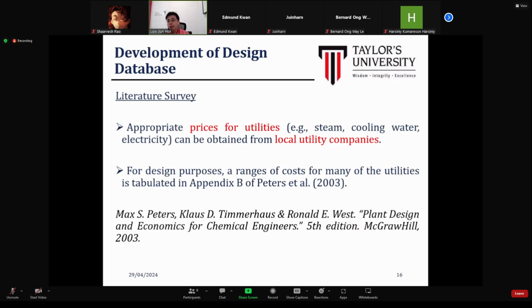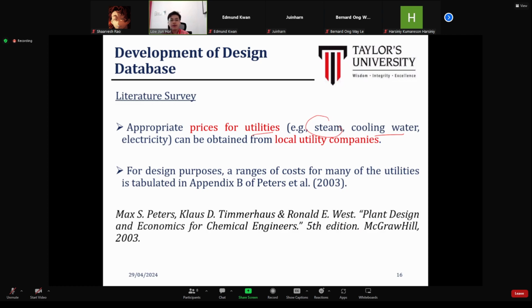Okay, beside that, don't forget, after you design a chemical plant, you are going to construct it, and then run or operate it to produce your product. When you operate the chemical plant, it involves the use of utilities. For example, you need water to cool down the process, or you need to generate steam to provide energy to your chemical plant.